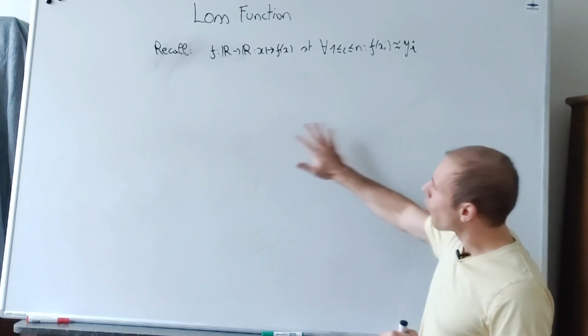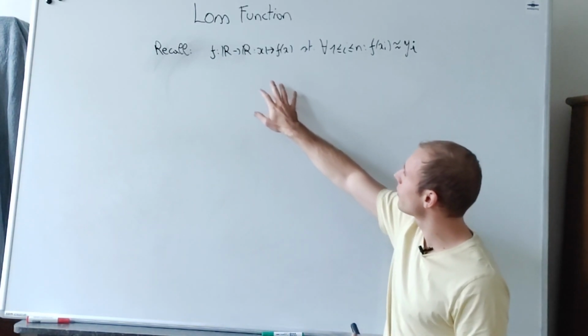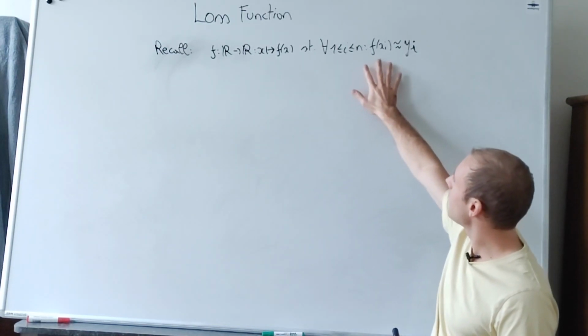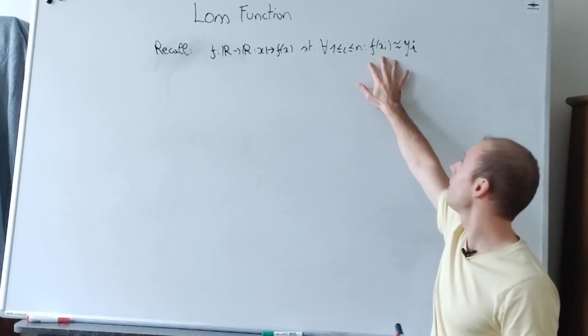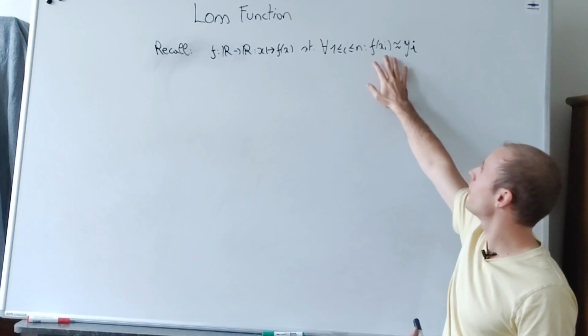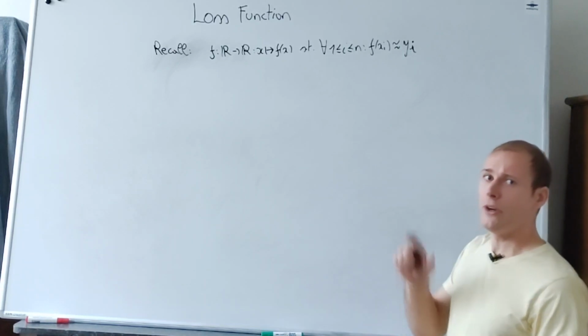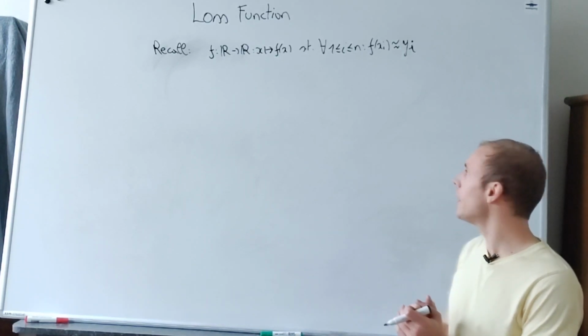And recall that the goal, the idea of this supervised machine learning, was looking for this function f that for all of our n data points is very close to the actual value if we evaluate f in its x coordinate.